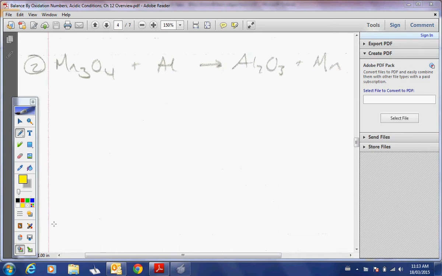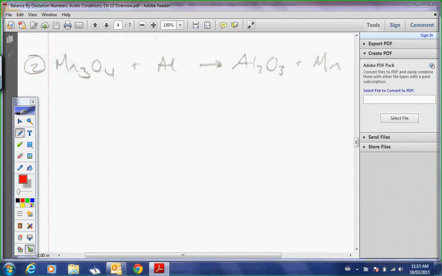Okay, so doing the second one, because the first one doesn't work out. I would still do oxidation numbers. This ends up being -2, 2 times 4 is negative, positive 8 divided by 3 is 8 over 3.